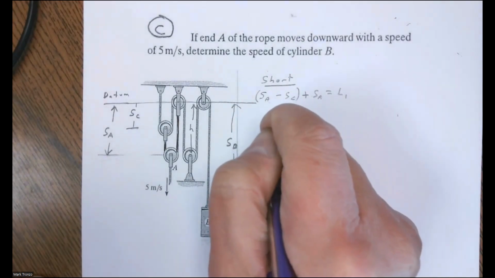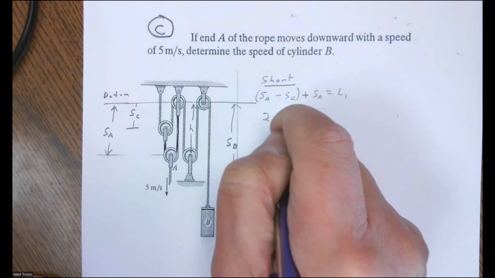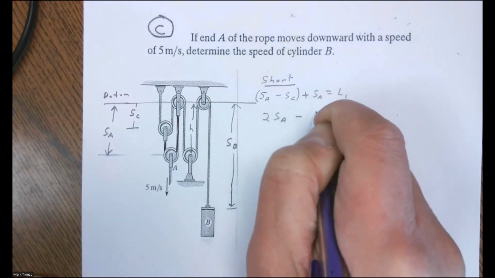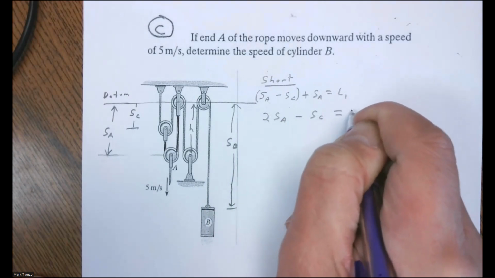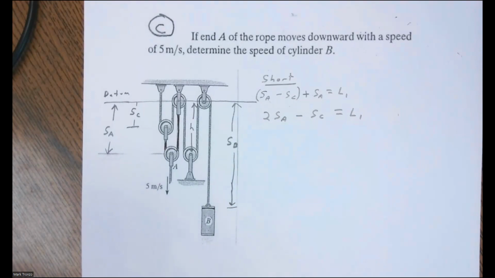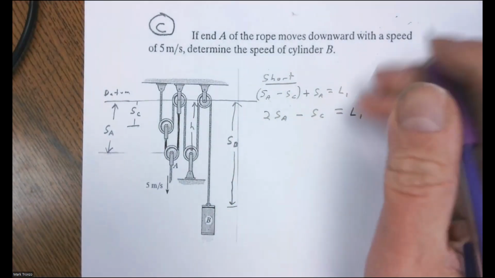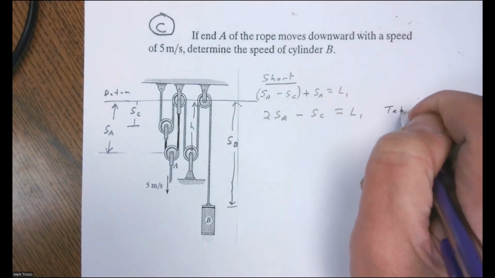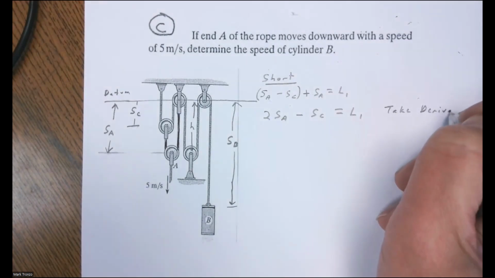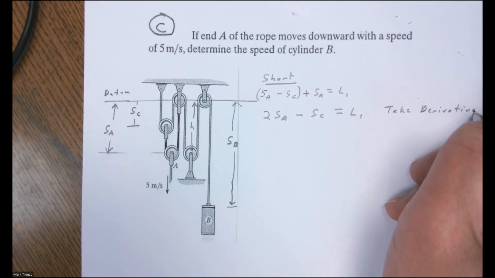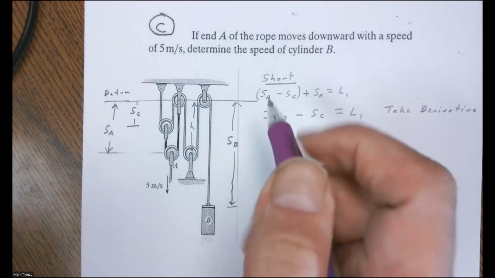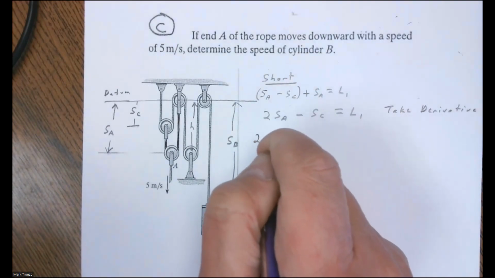And then work with this. So we're going to have 2SA minus SC is equal to L1. And take derivatives now with respect to t. Of course, I'll leave off the extra step. So the derivative of this is going to give you the velocity.